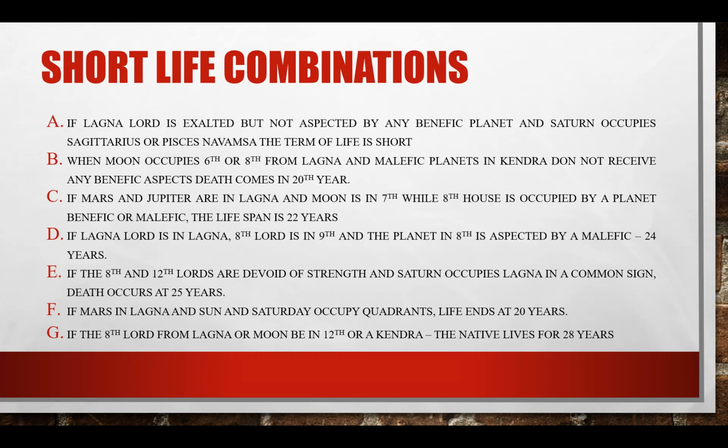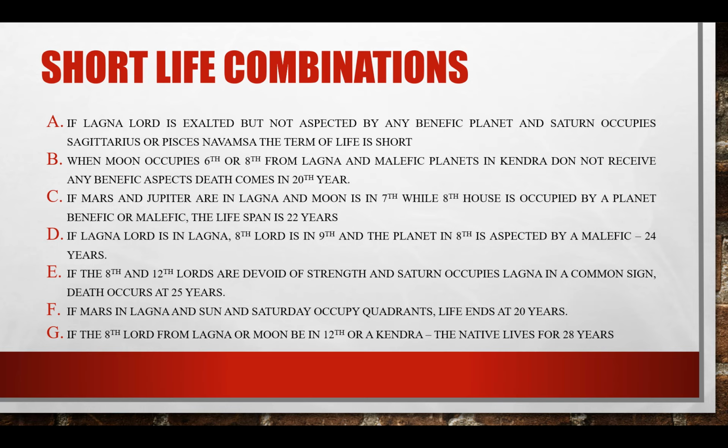If Mars and Jupiter are in Lagna and the Moon is in the 7th, while the 8th house is occupied by a planet, benefic or malefic, the lifespan is 22 years. If the Lagna Lord is in Lagna, the 8th Lord is in the 9th, and the planet in the 8th is aspected by a malefic, 24 years. If the 8th and 12th lords are devoid of strength and Saturn occupies Lagna in a common sign, death occurs at 25 years.